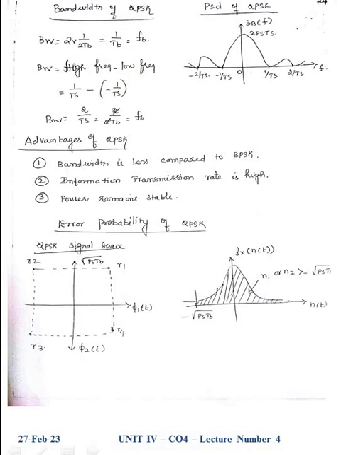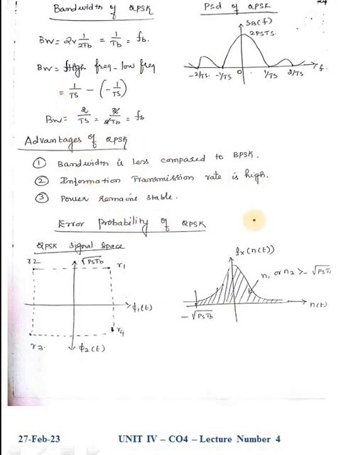So when we compare QPSK with BPSK and BFSK, BFSK needs 4 times FB, whereas binary phase shift keying requires 2 FB, whereas QPSK requires FB alone. So the bandwidth is reduced when we improve the symbol rate.